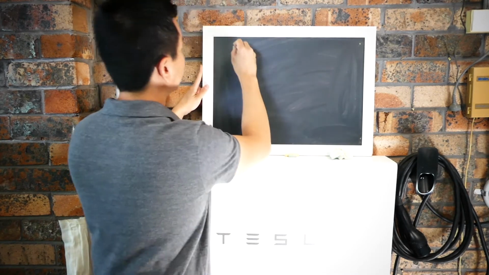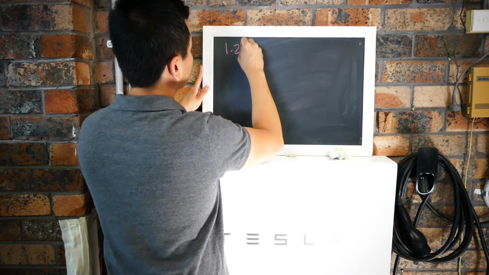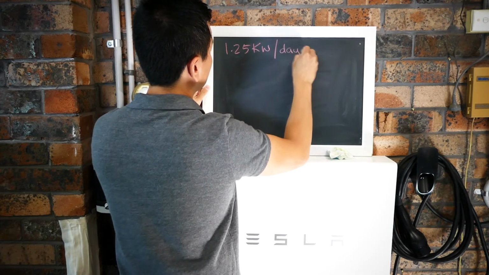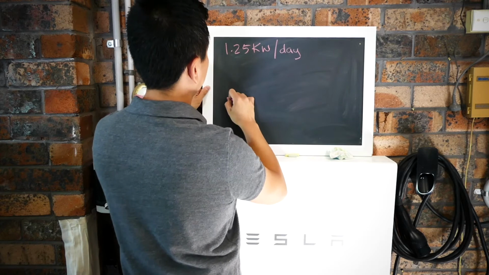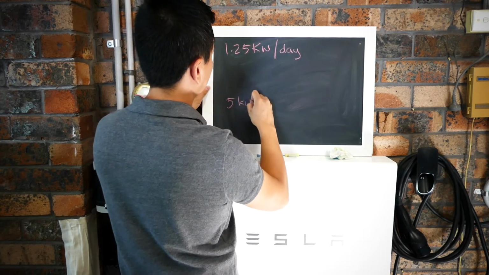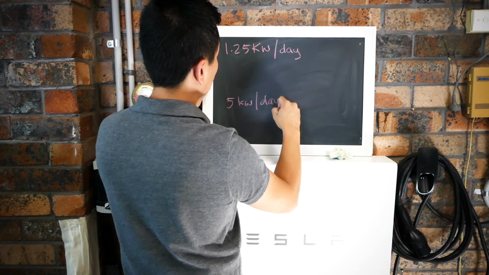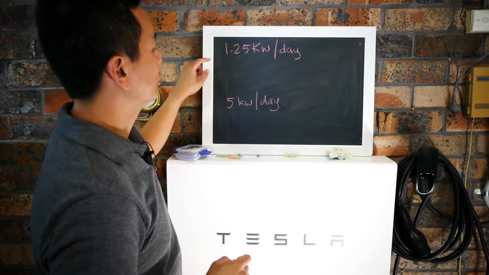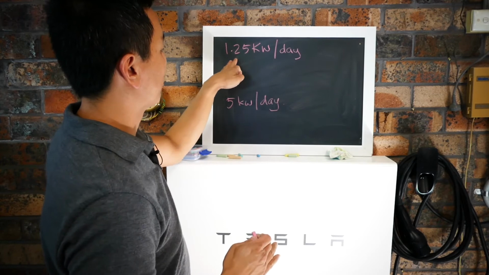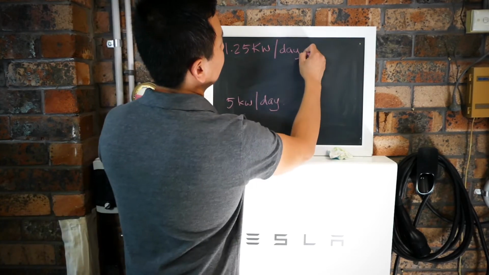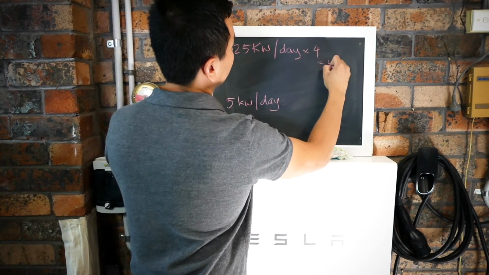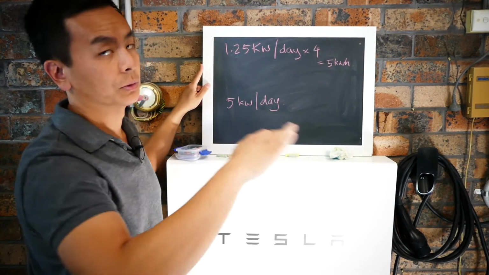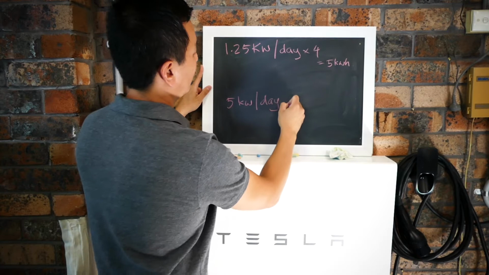So my example of needing 1.25 kilowatt per day versus, let's say, a 5 kilowatt system. So I've already worked out for you that usually you multiply the array by 4 to get the number of kilowatt hours per day that the panels produce for you.